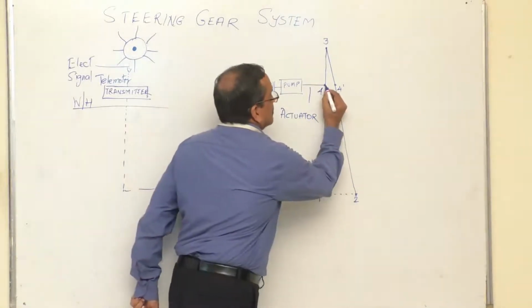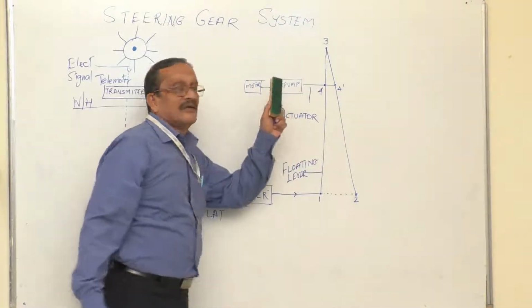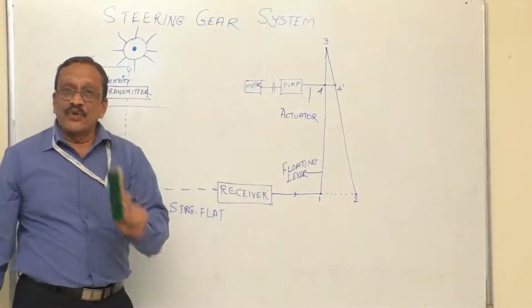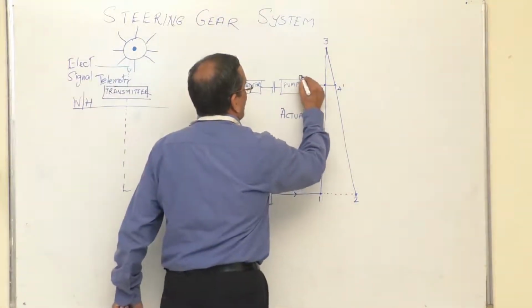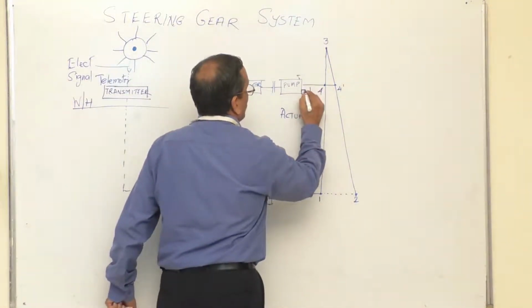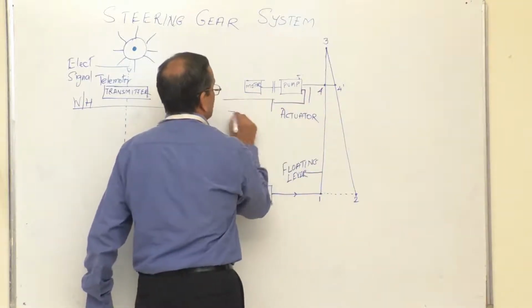So here, since this pull is taking place over here, the pump is getting activated, and once the pump gets activated, it starts pumping oil into the cylinder.